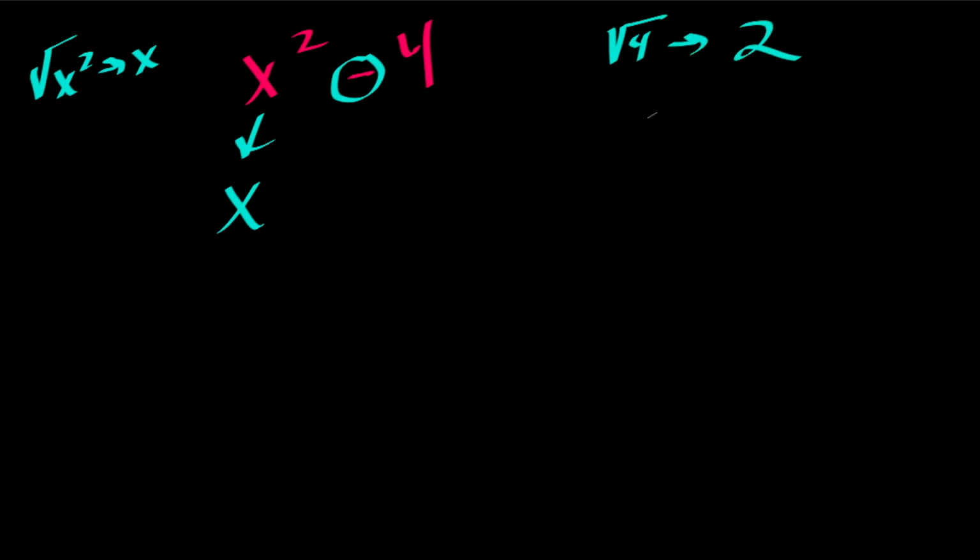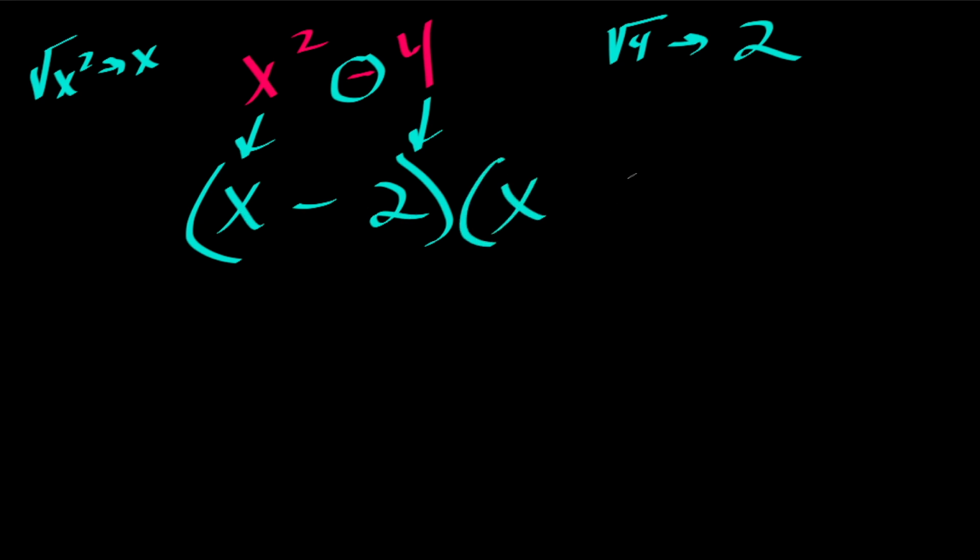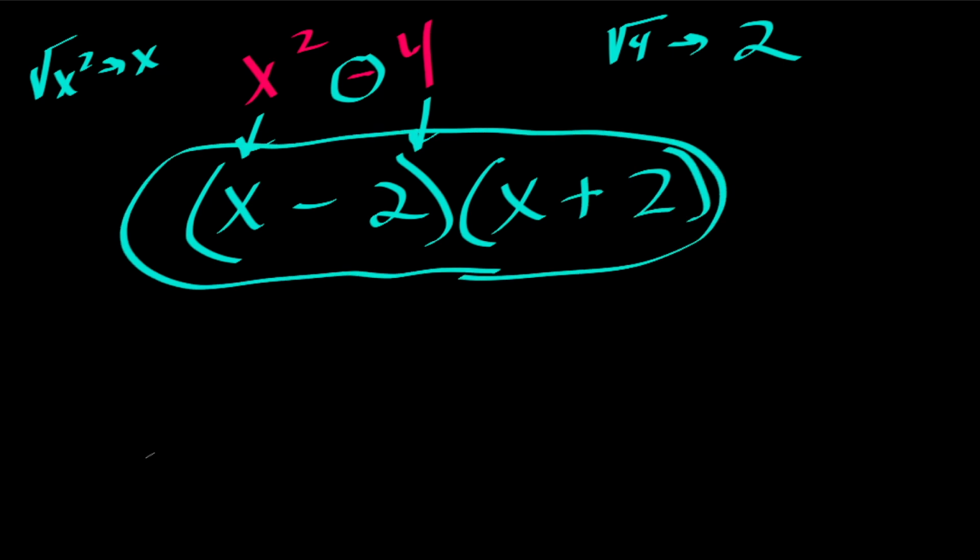Well, that's 2. So 4 is a perfect square. So when I factor this, I write x minus 2. That's my first parentheses. My second parentheses, I still use x and 2, but now I make it plus. And now that's factored.